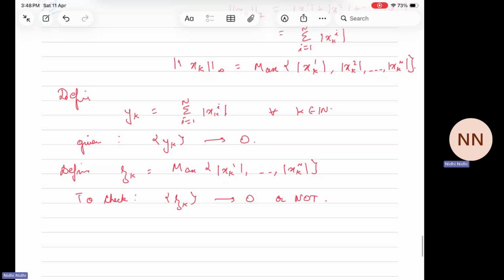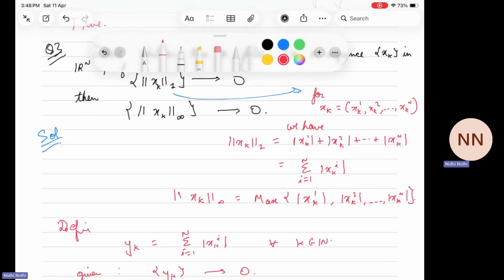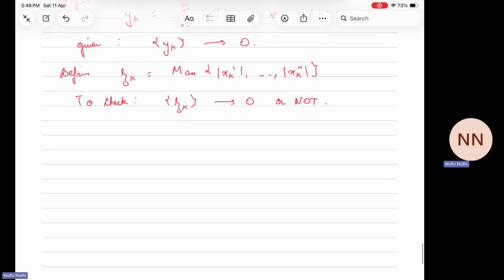I hope the notations are clear to you. We need not be disturbed by seeing all these terms. This is just a sequence of real numbers, and I hope you are all very familiar with sequences of real numbers. You need to see how each term of the sequence is defined. So we'll see whether this zk converges to 0 or not.